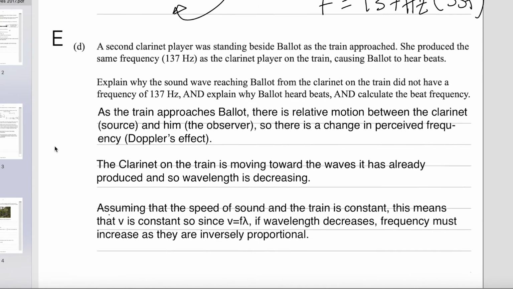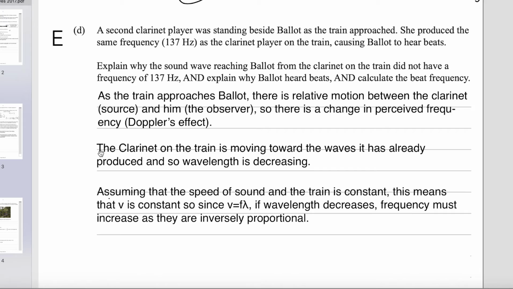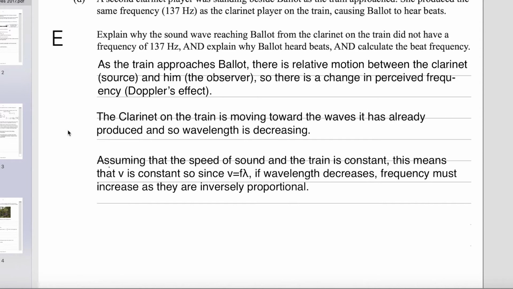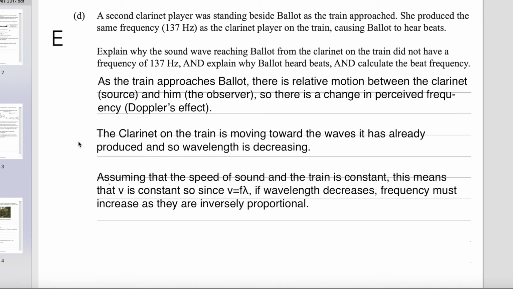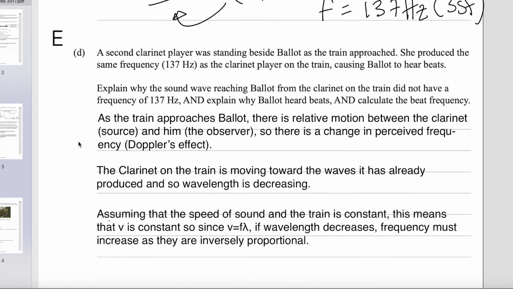So the clarinet on the train is moving towards waves, and so that basically means the wavelength is decreasing. If we relate that to v equals f lambda, assuming that the speed of sound in the air is constant, this means that v is constant, and so since we said before wavelength is decreasing, frequency must be increasing as they are inversely proportional, and that is why he hears a higher frequency than expected.